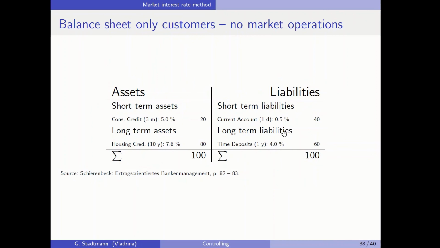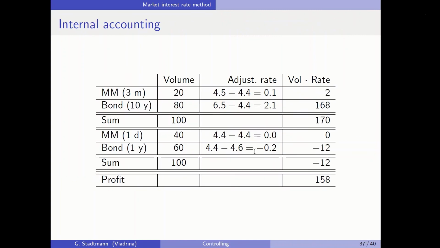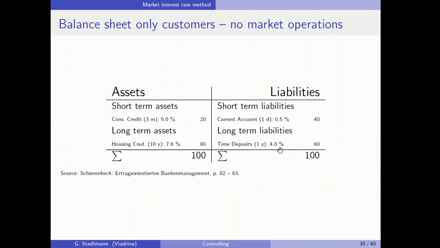And for the long-term liabilities here, the bank is able to get long-term liabilities at the interest rate of 4% compared to the short-term bond market where the other bank has to pay 4.6%. Of course, it has to be the case that the interest rates on the liability sides have to be lower.